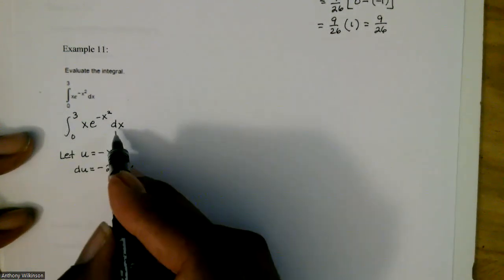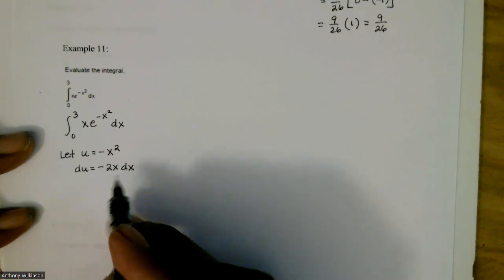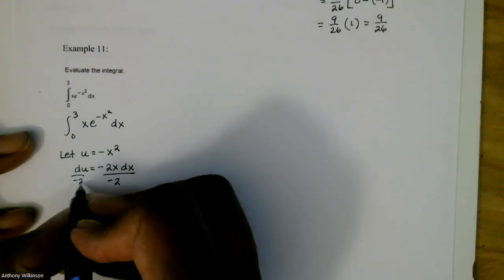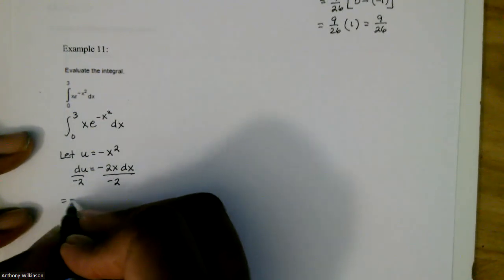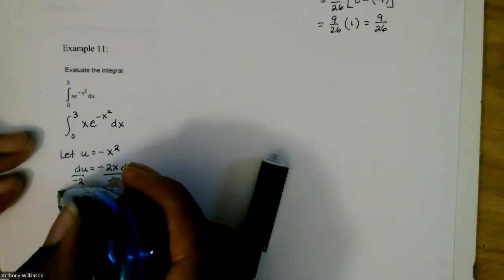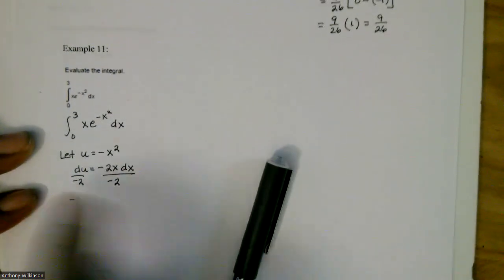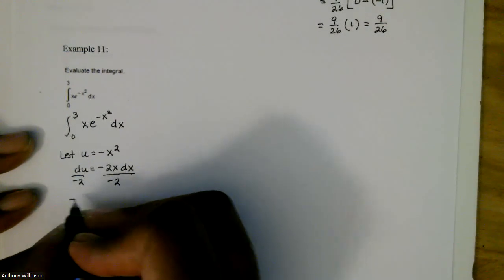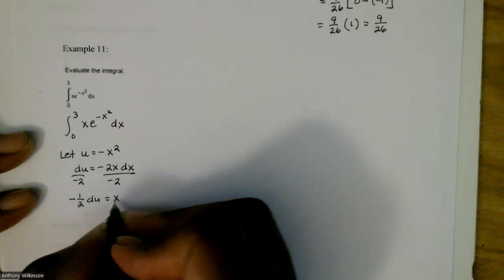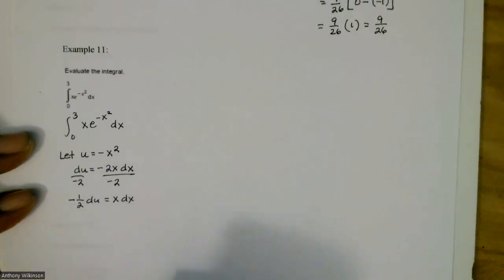Well, I got the x and the dx, so if I want this to be x dx, I have to divide both sides by negative 2. So this will be negative 1/2 du is equal to x dx.